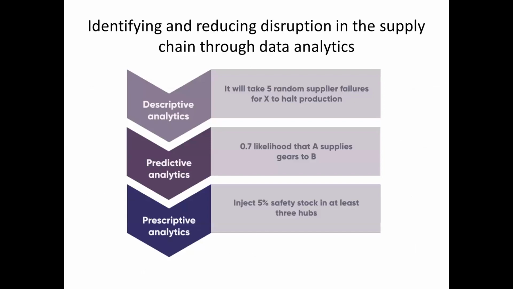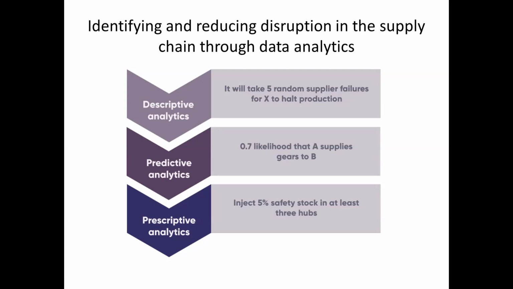I quite like this one. It gave you an example of how 3 types of analytics are used in an actual piece of research. And this was in Oliver Wyman. The description from the data was it'll take 5 random supplies to halt production. There's a 0.7 likelihood, predictive, and the prescriptive result of that, we need to inject 5% safety stock in 3 hubs so we don't run out.